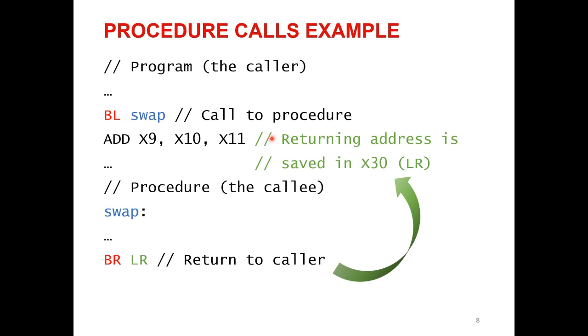So this comment in green is just saying that the returning address, the link register, has been saved in register 30 when I have called this function, and when I call the branch register LR, I just go back to the address saved in register 30. But I'm not saying that the comment in green is what this instruction is doing. I think that is clear, but just in case.